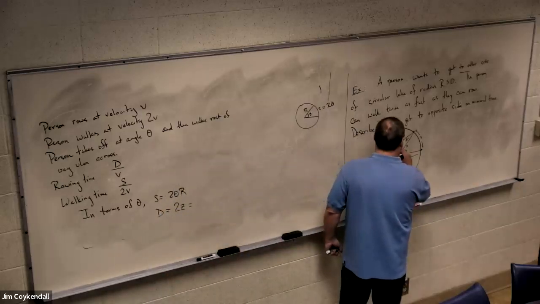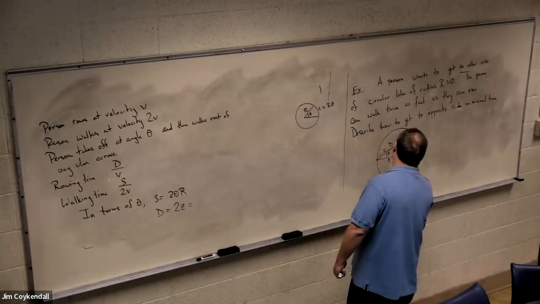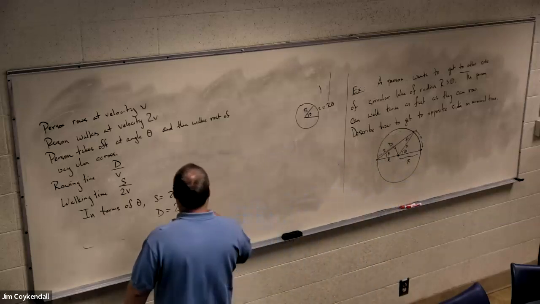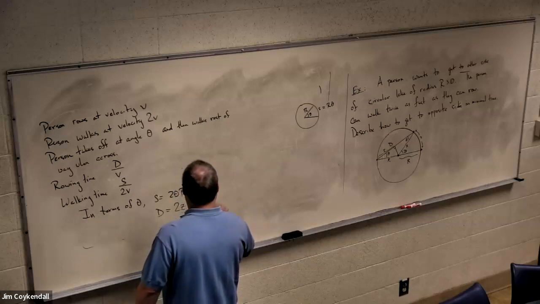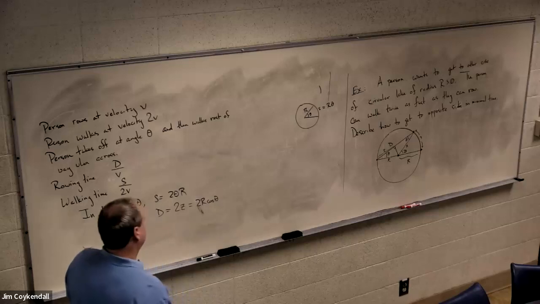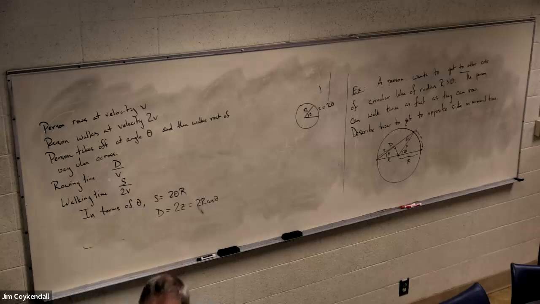And this is a right angle. So Z, and this is R. So Z is R cosine theta. Okay, any questions on that?